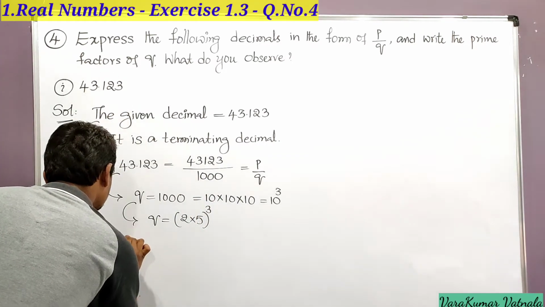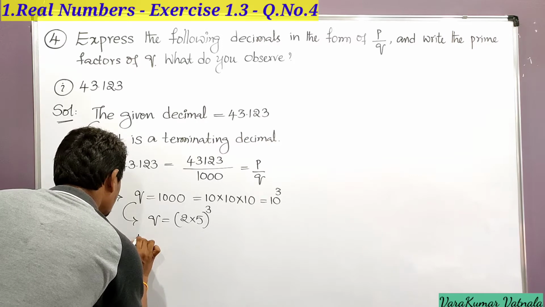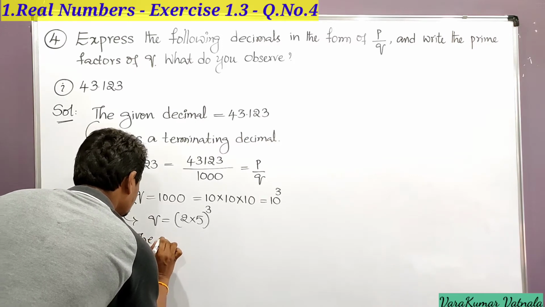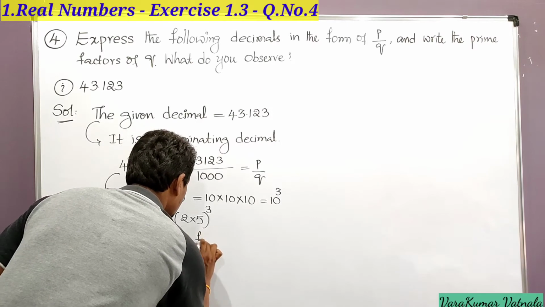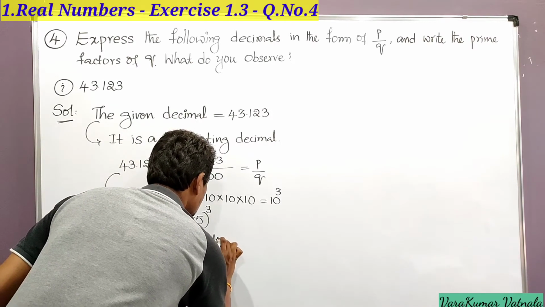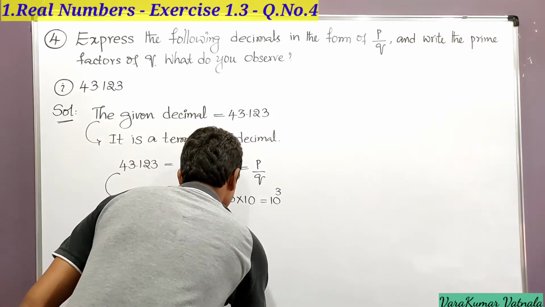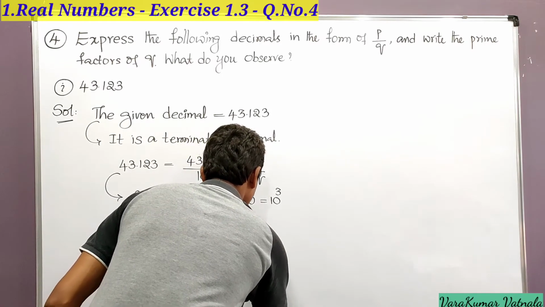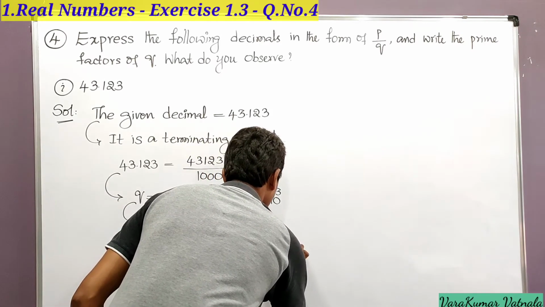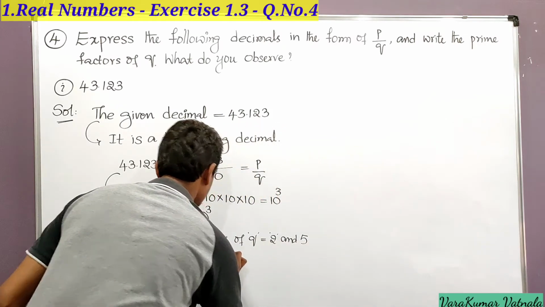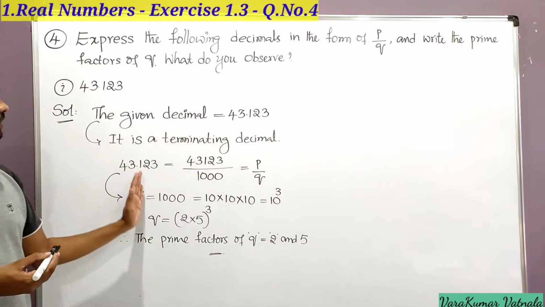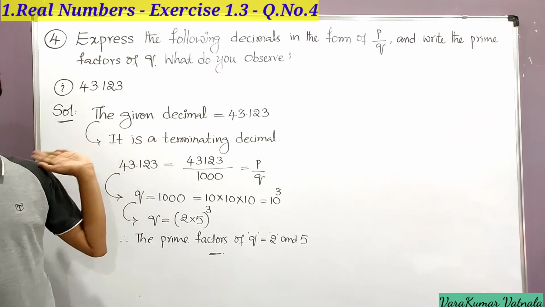Therefore, the prime factors of q are 2 and 5. So 2 and 5 are the prime factors of q. So this is the first bit, student.